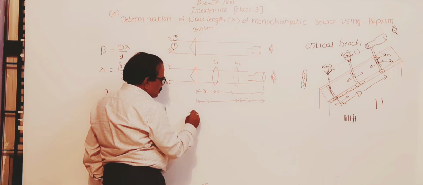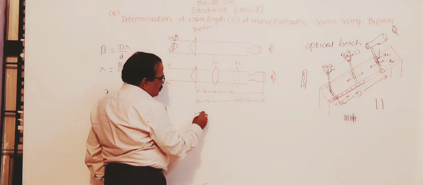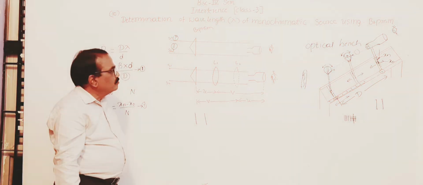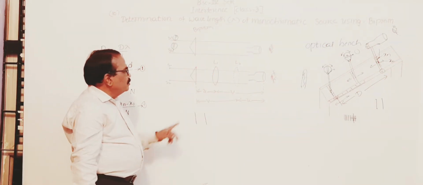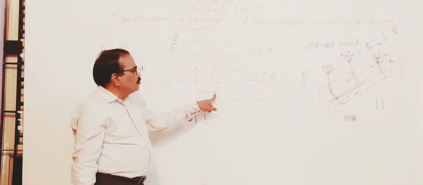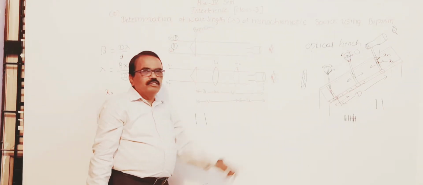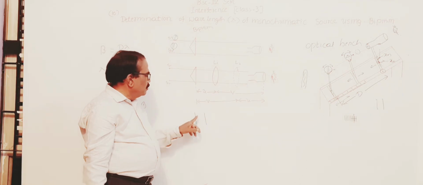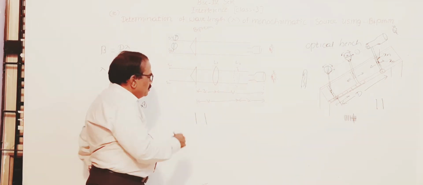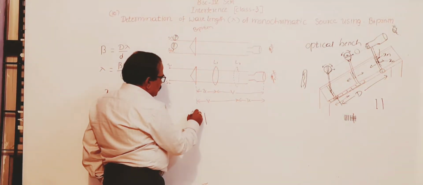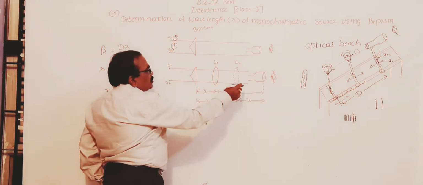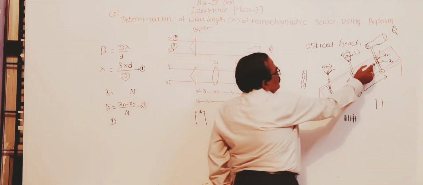You are going to get two enlarged images. So that means when object distance is u and image distance is v, this lens is moved, you are going to get an enlarged image. Measure the distance between them as d1 with the help of this scale.